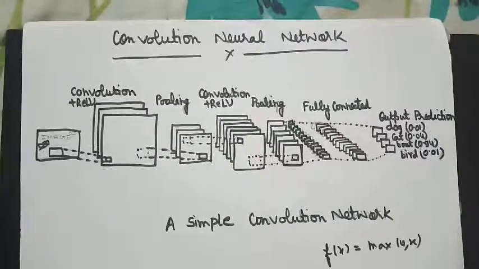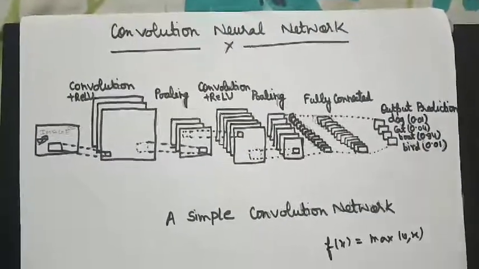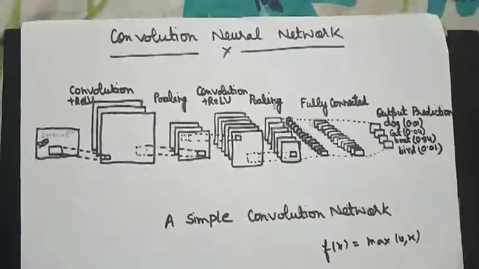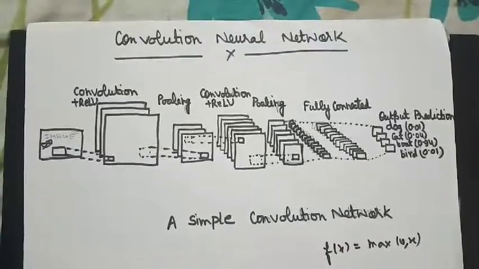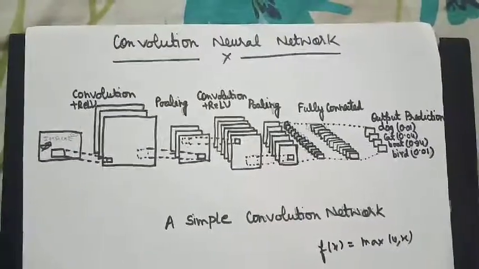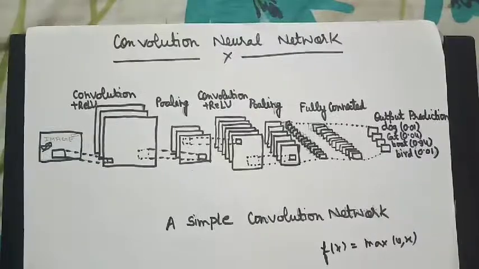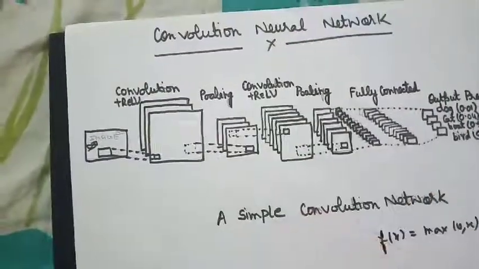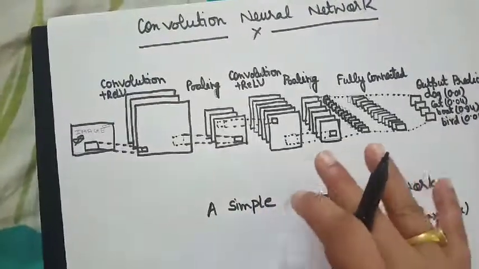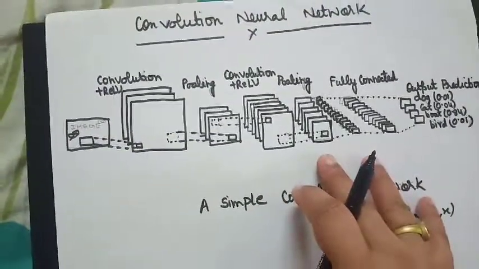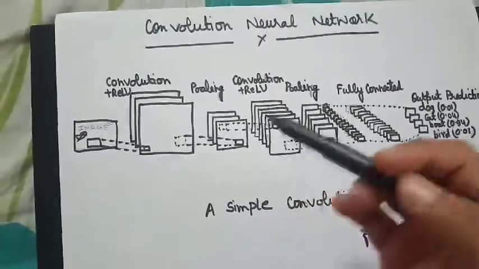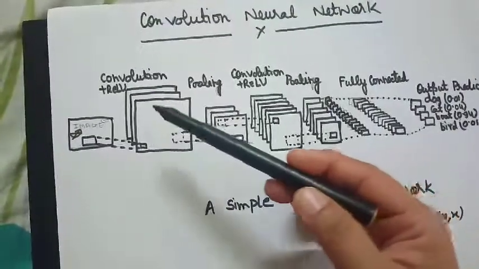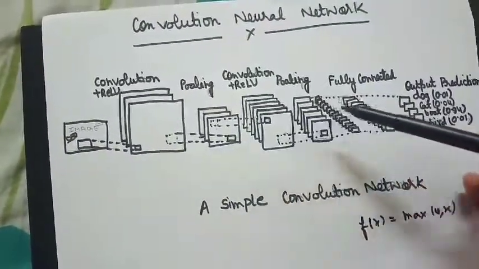Now the third operation in the convolutional neural network is pooling, or we can say subsampling. In pooling, basically, the pooling layer is responsible for reducing the spatial size of the convolved feature. That means we try to reduce the size or dimension of the image.